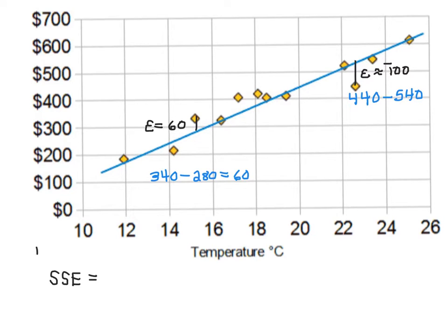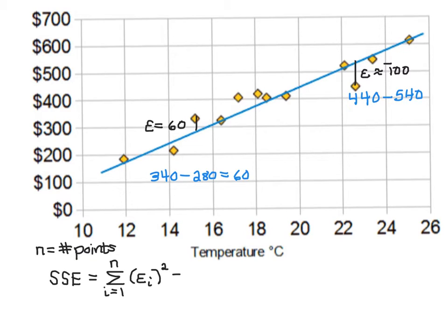If n is the number of points or the number of observations, then what we do here is we want the sum of the square of the errors. So we're summing up the square of each error. For each ith observation, we will find the error and square it, and we will add this up from observation 1 to observation n.